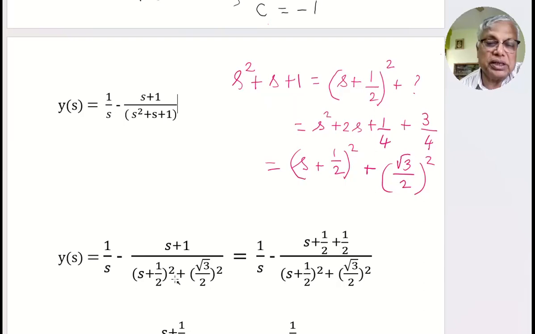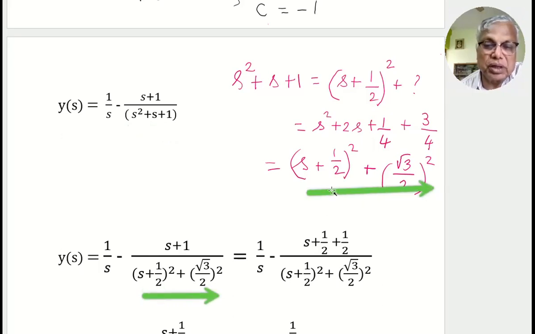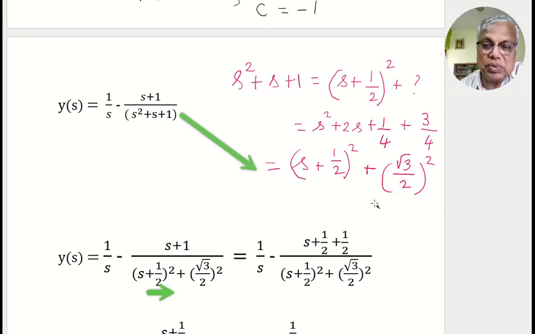So that is what I have done here. The denominator has been written as sum of two squares. The denominator S square plus S plus 1 is written as S plus half whole square plus root 3 by 2 whole square.